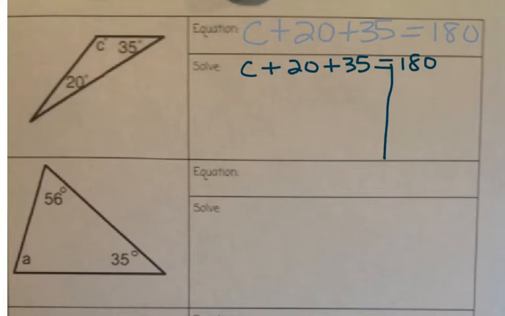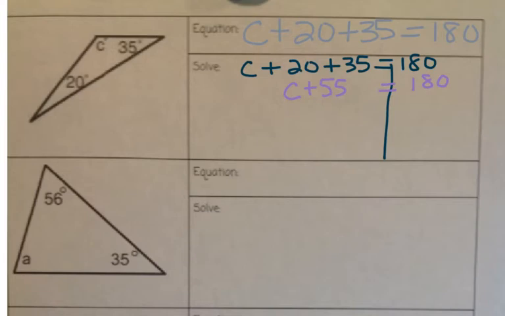When I look at this, I see that I can combine some like terms. I have two terms that are constants, so I'm going to combine them right now. 20 plus 35 is 55. So I'm going to write C plus 55 equals 180. Now I've got a one-step problem.